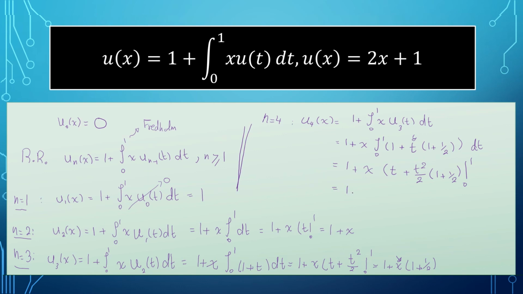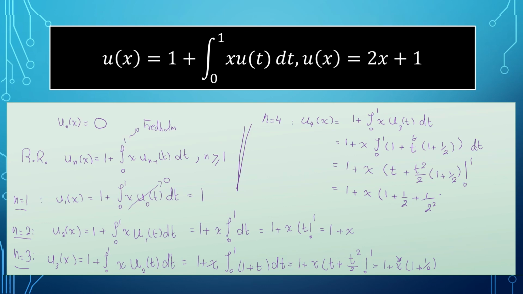And that will give us 1 plus x multiplied by 1 plus 1 over 2, so we will have 1 over 2 plus 1 over 2 squared.